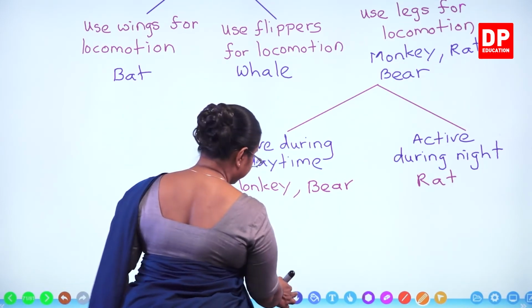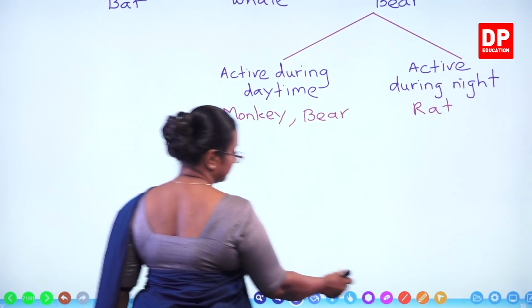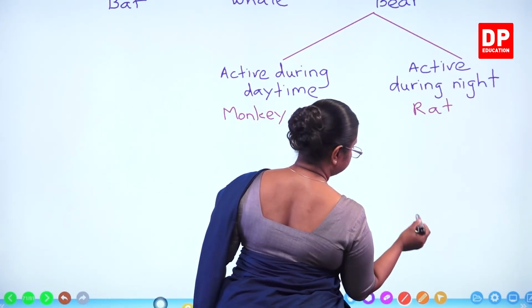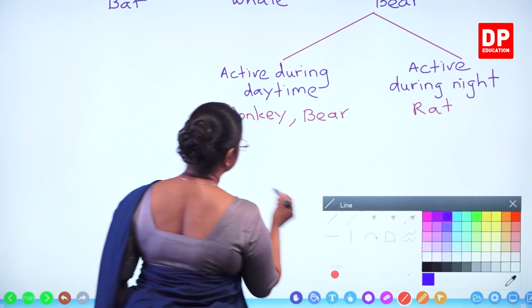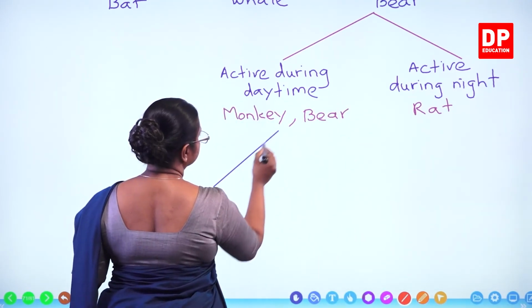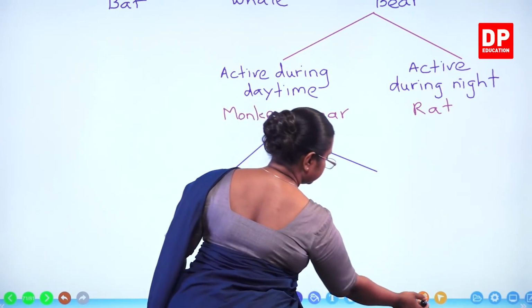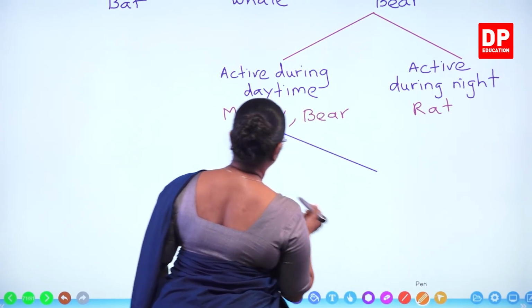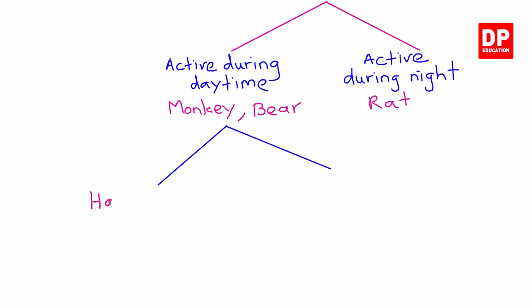So I will classify these two organisms: has a flat nose, and here we can say has a long muzzle.